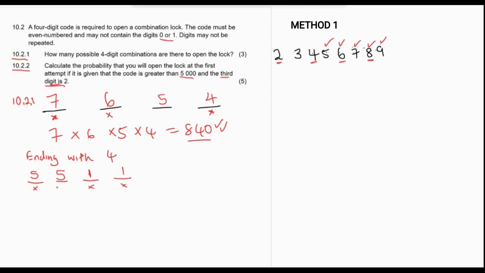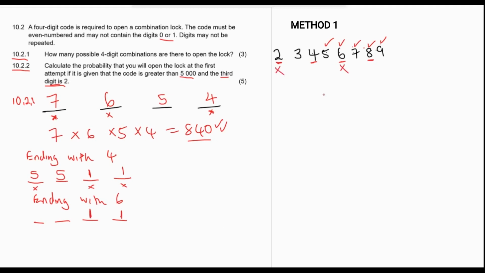Let's say ending with 6. It means 6 is going to be fixed. 1, 2, 3, 4. So the last position will be for 6, which is 1, because we have only one 6, so it's one choice there. Then this third position is for the 2. We're told that the third digit is 2, so it's fixed there. We have only one choice there because there's only one 2.